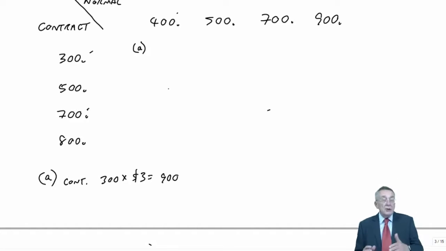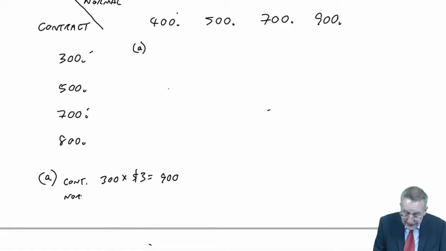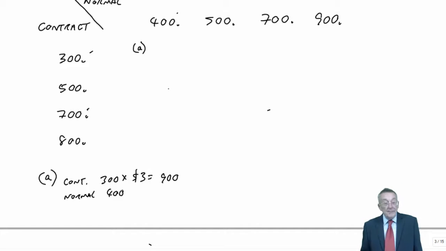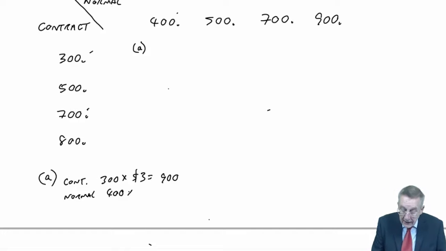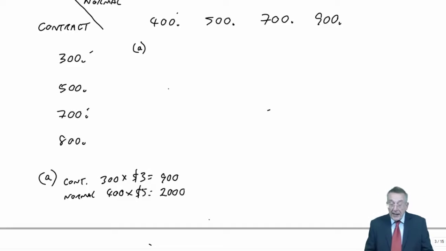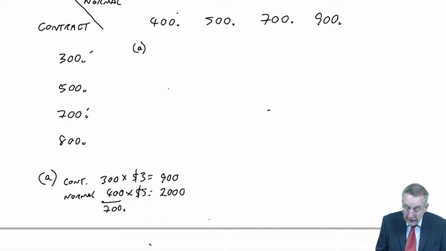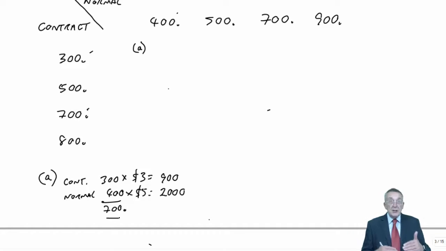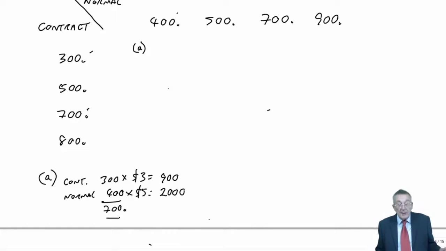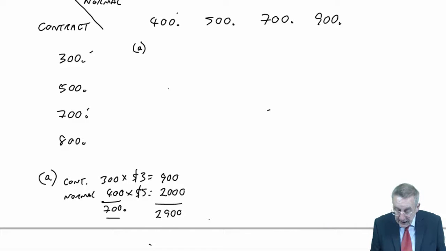So anything sold on the contract, we're making $3, whereas normal customers, if they want 400, are paying $11, the cost is $6. So on those, we make $5 profit. And so if that happens, we're selling 700 units, and remember, we can vary production to meet demand, so we'll only produce 700, and we'd end up with a total profit of 2,900.